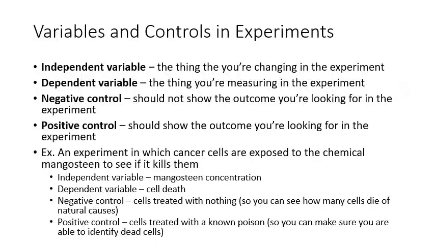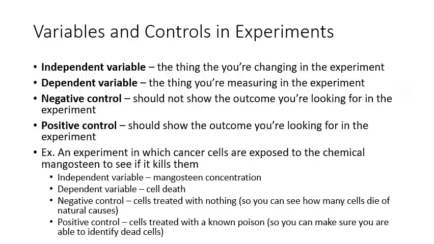The other purpose of the negative control is just to make sure that your experiment is done correctly. You have conditions under which cells can live. So if the cells all die in the negative control and you didn't treat them with anything, that lets you know that you are not caring for those cells correctly.